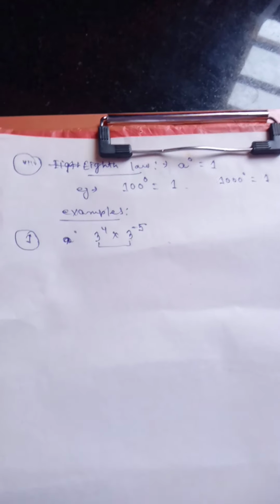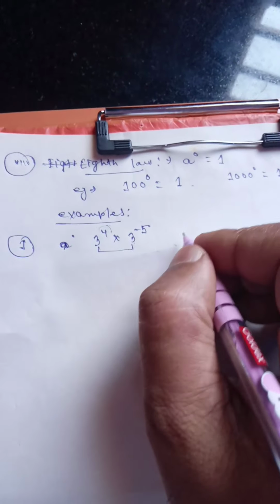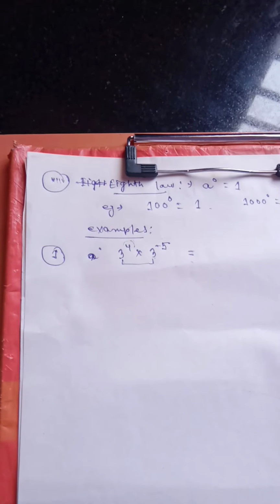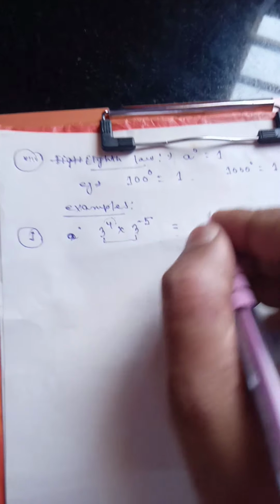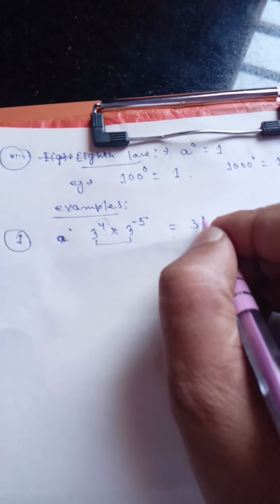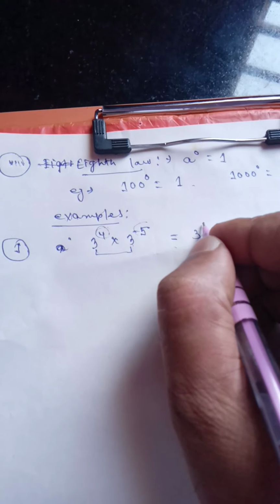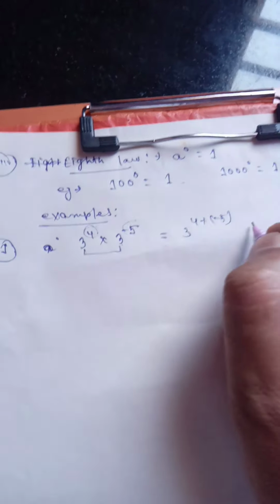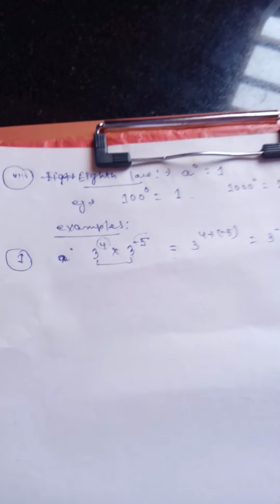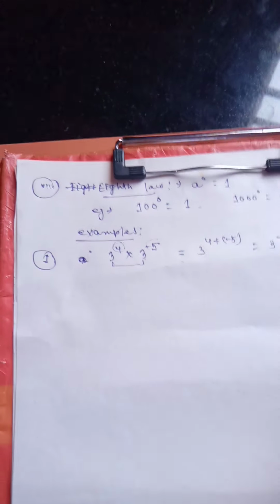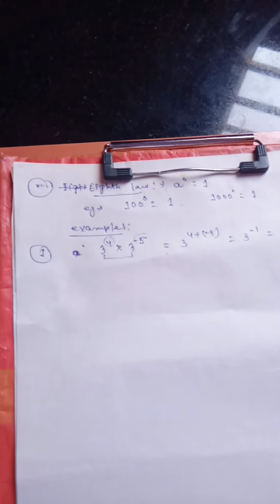Here the bases are the same but the exponents are different, so you will follow the product law to solve this question. 3 raised to power 4 into 3 raised to power minus 5 is equal to 3 with both exponents added together, which is 3 raised to power minus 1, equal to 1 upon 3. If the power is negative, you write the number in the form of its reciprocal.